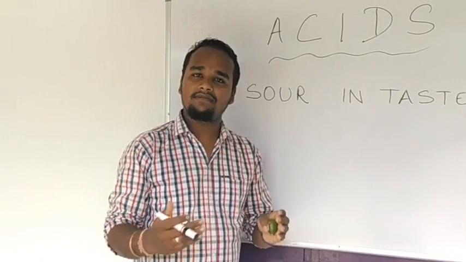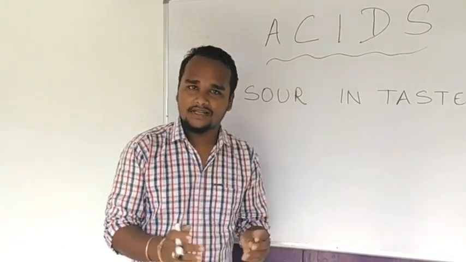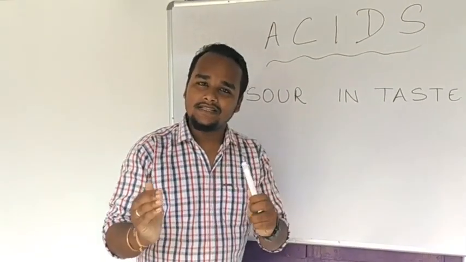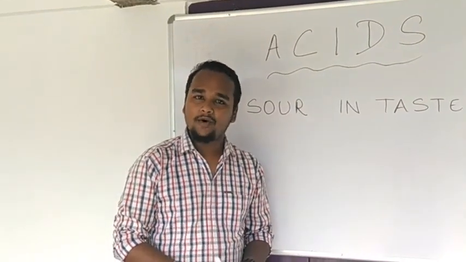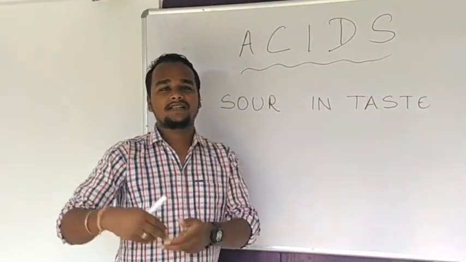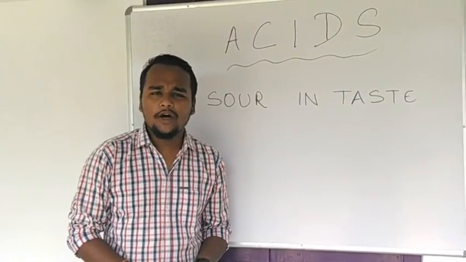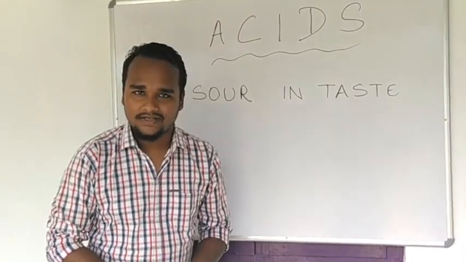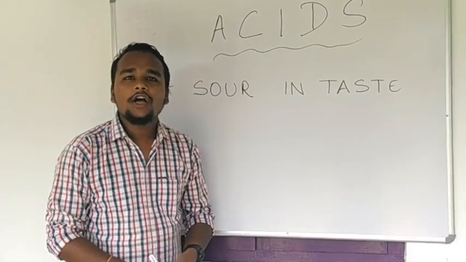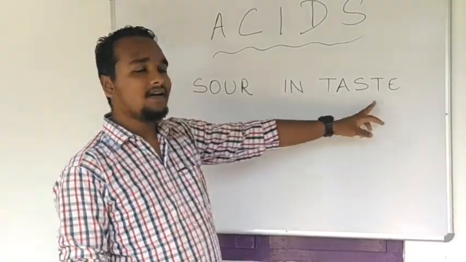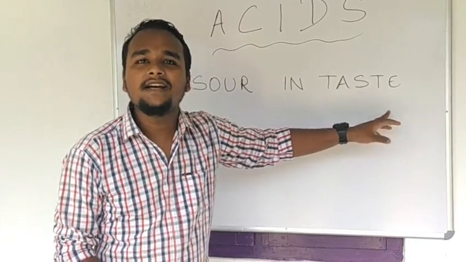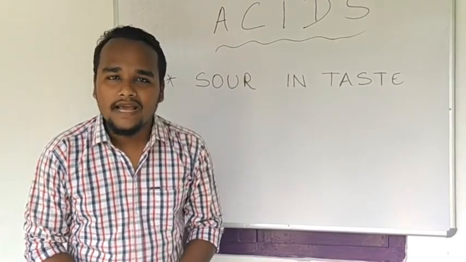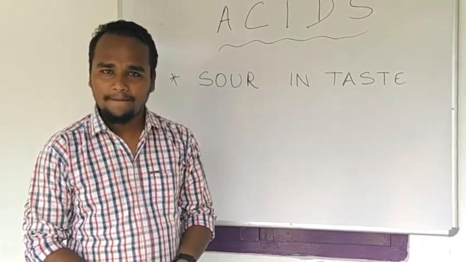These three fruits contain acid. One contains citric acid, one contains tartaric acid, etc. So what are the tastes of them? They are sour in taste. They contain acid, so an acid is sour in taste. This is the first point that we have learnt about acid. Okay.